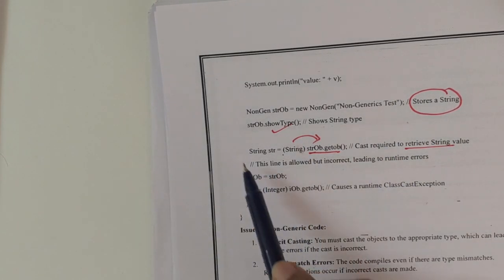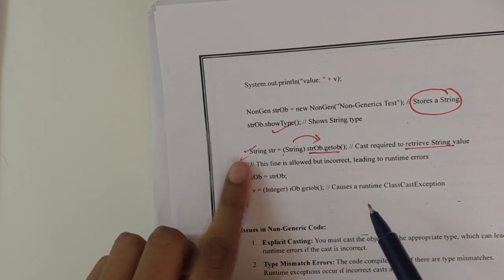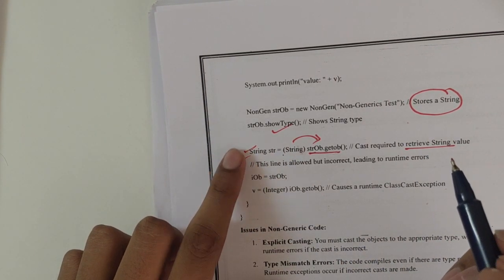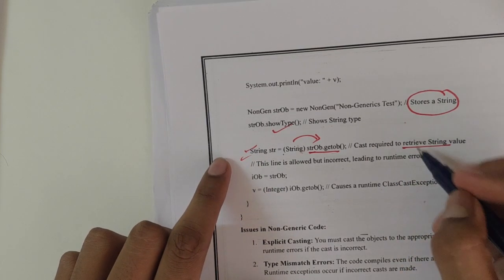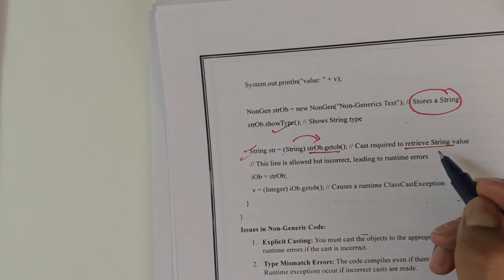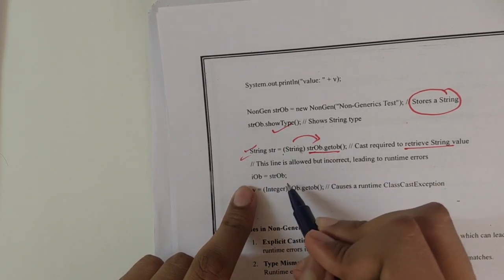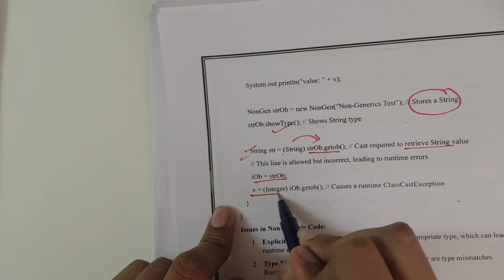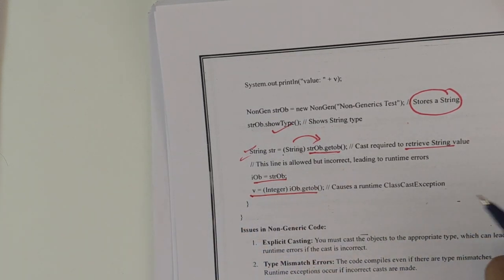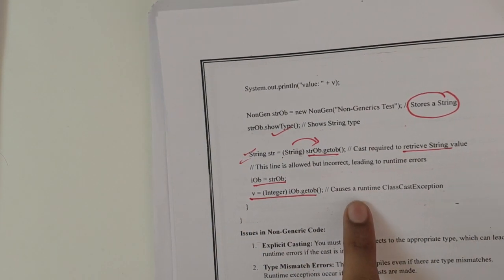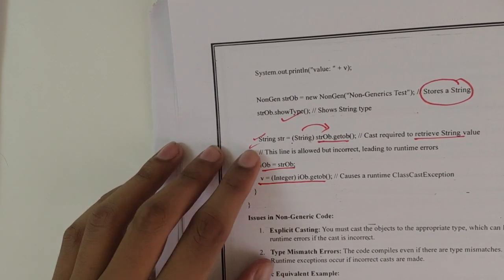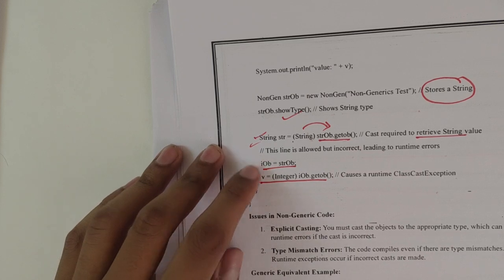Now this line of typecasting is actually incorrect and can generate runtime errors. For that we can do one more conversion, like iOb equal to strOb, then v equal to Integer iOb.getObject. It will cause a runtime ClassCastException, which means an exception will arise if we write the code like this.